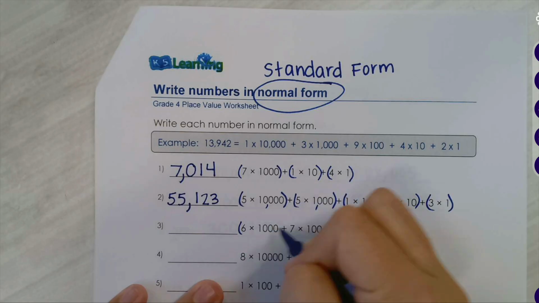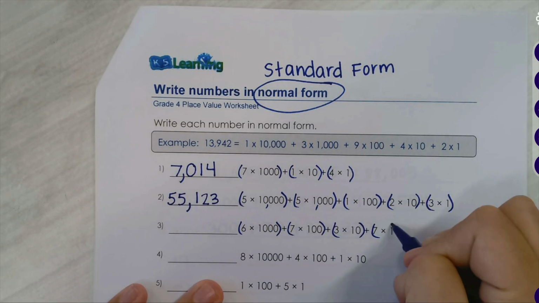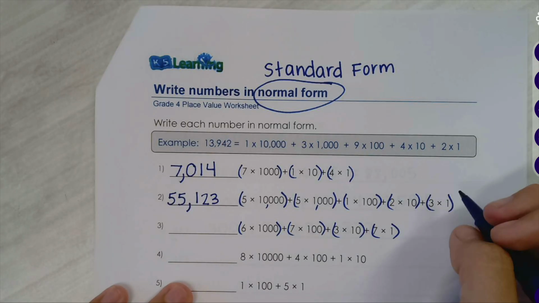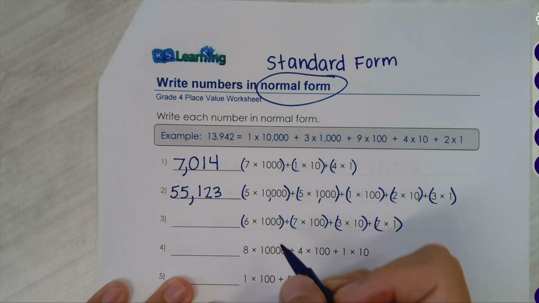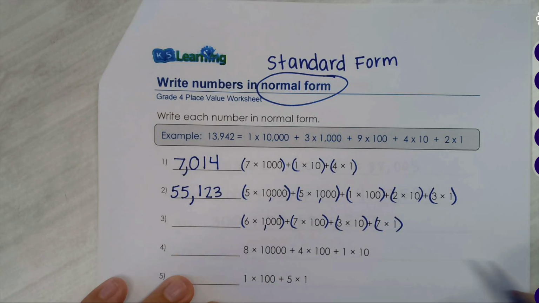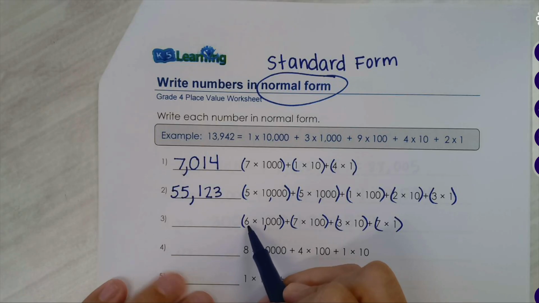All right, I'm putting my parentheses because they didn't give them to me for number 3. I'm sorry, I have this bad cough. Okay, we got groups of 1,000. Well, that means I'm going all the way to the thousands place. Well, how many thousands are there?